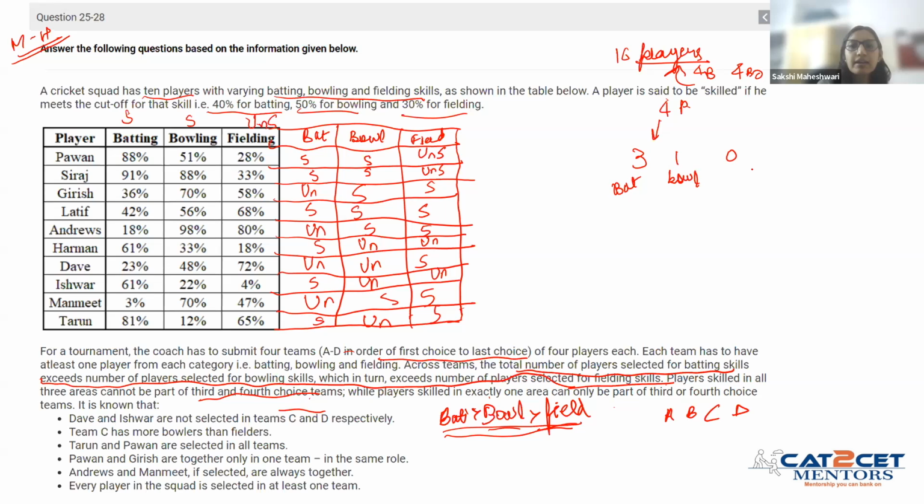Right? So total number of players in batting can be 4 plus 3, bowling can be 4 plus 1, and fielding can be 4 plus 0. There is no other distribution.